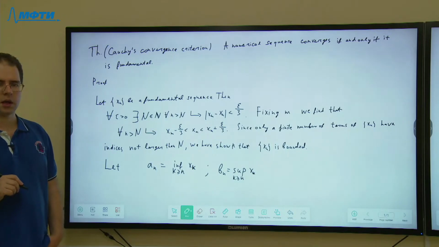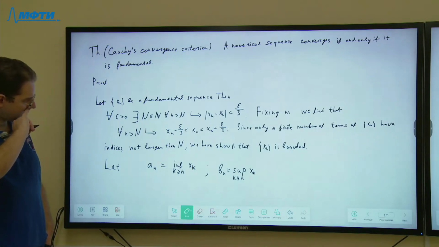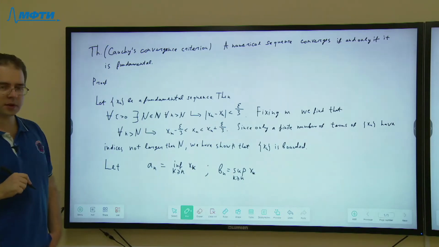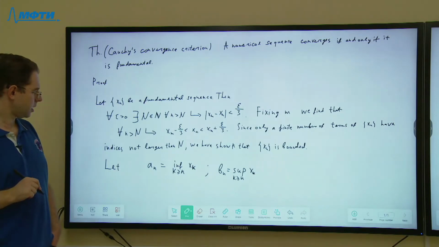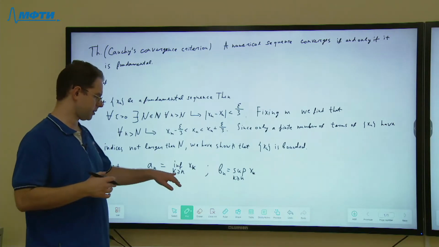So this is infimum and supremum of all of the terms after some specific number.